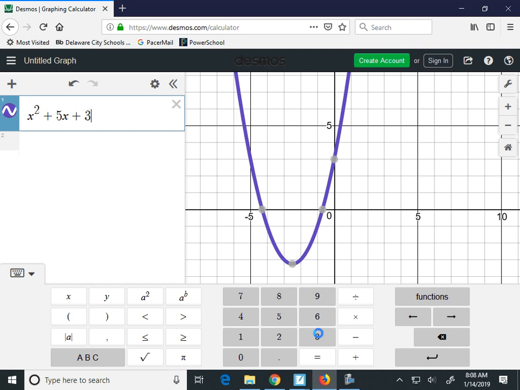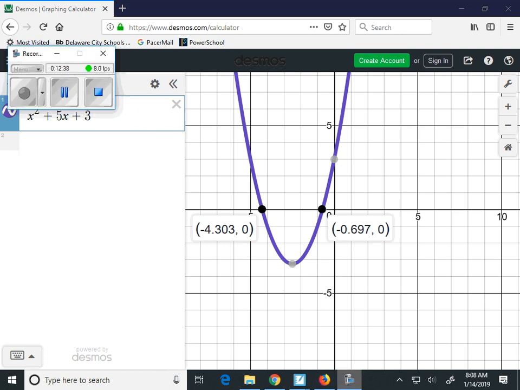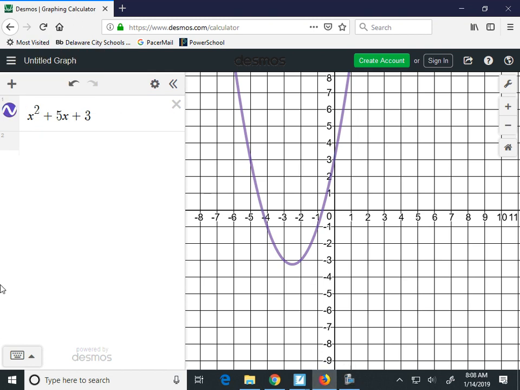Now, when I click on these, those are not whole number x-intercepts, okay? So we need to figure out where my x-intercepts go. So I'm going to change the settings on the window here really quick. Okay, it's a little easier to answer that next question now.